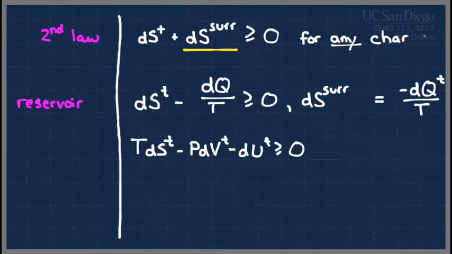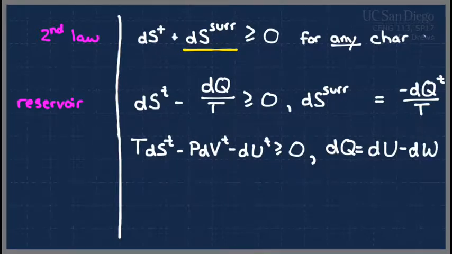How did we do something like that? Straightforward application of the first law. What we said was if we rearrange the first law a little bit, we can have something like dQ is equal to dU minus dW. The reason that we assumed everything was a gas was just to make this particular step a little bit easier, because we had a nice closed form expression for dW that didn't require a lot of variations on it.